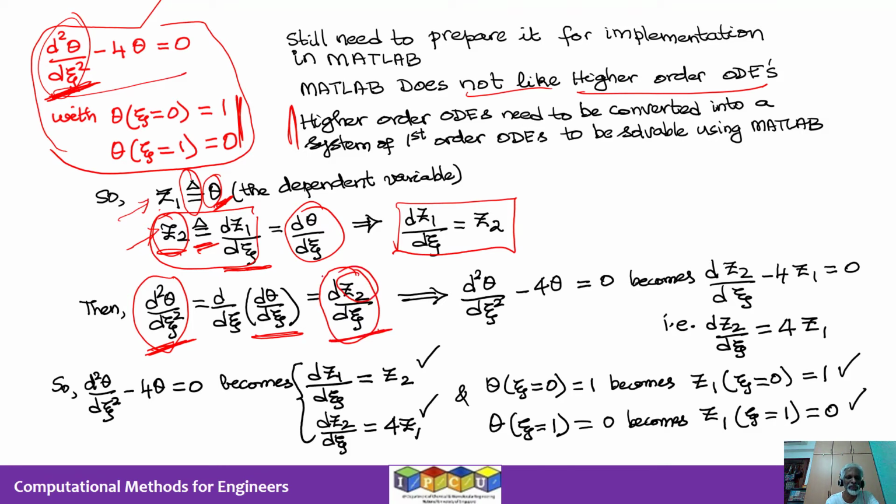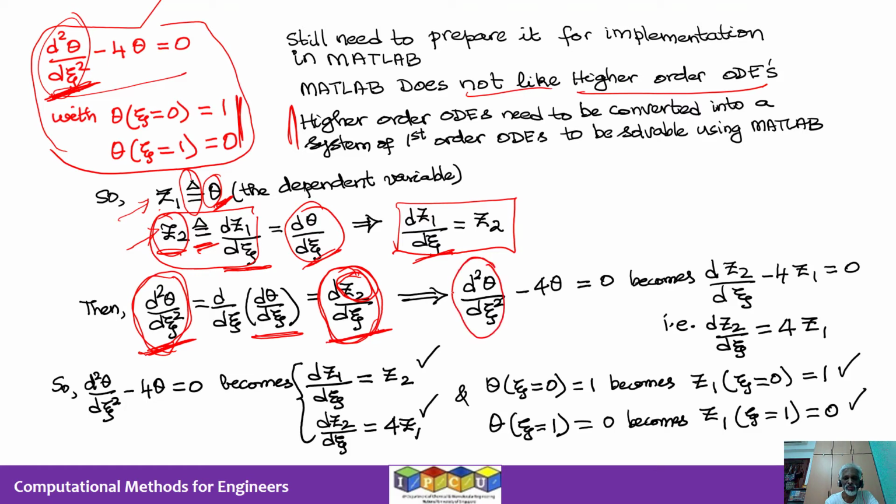And this is okay because z2 is already dz1 by d psi, and dz1 by d psi is d theta by d psi. So we are basically cheating MATLAB. We are taking the original second derivative and replacing it by a first derivative with the symbol z2. So d2 theta by d psi squared is the same as dz2 by d psi.